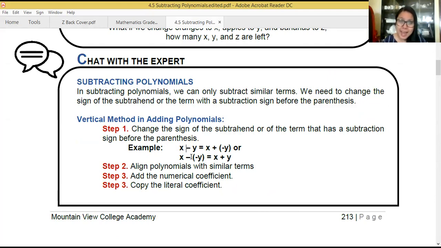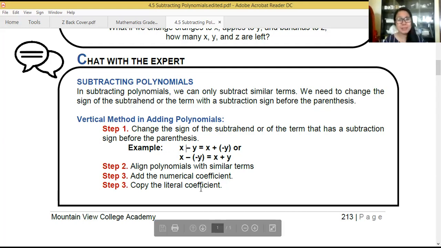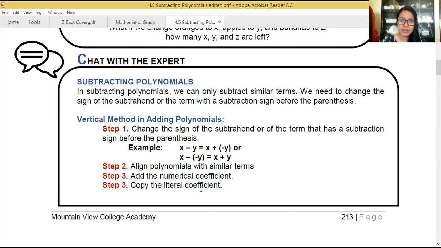Or if you see minus negative y, you multiply. Negative of negative y, that is positive. Remember, go back to multiplication of integers. If you multiply two of the same signs, the answer is positive.